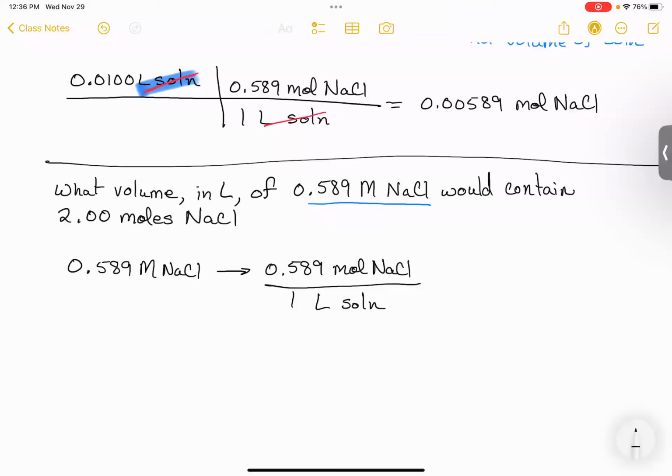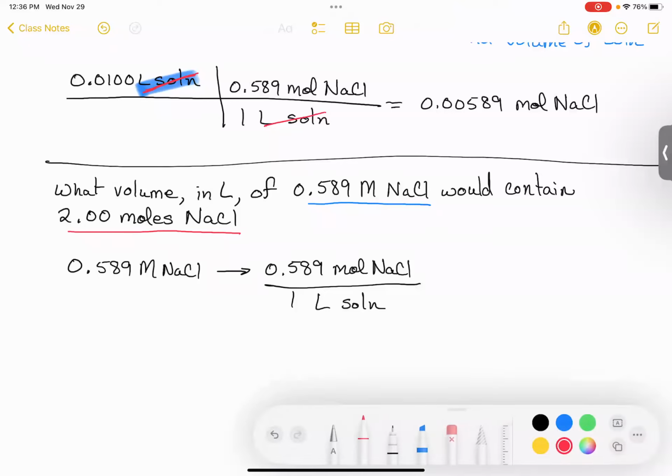The second thing I would notice is I was given 2.00 moles of NaCl.